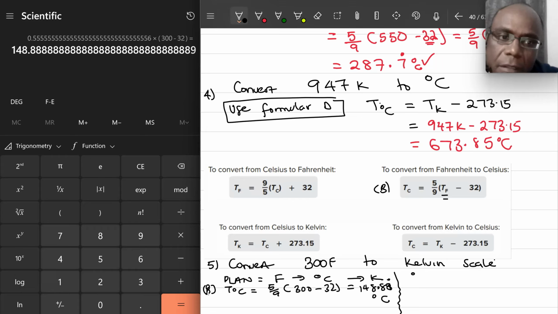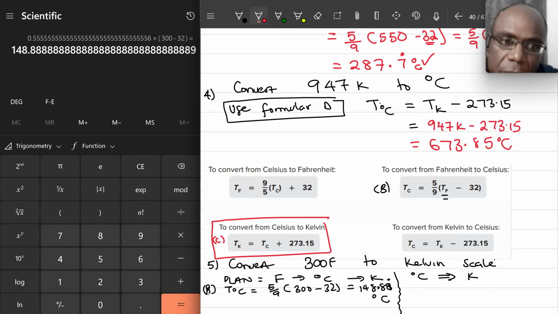Now I need to convert the degrees Celsius I've calculated to Kelvin, and we know how to do that. We'll just take formula C right here. Temperature in Kelvin will be our 148.88 recurring, and we are going to add 273.15.